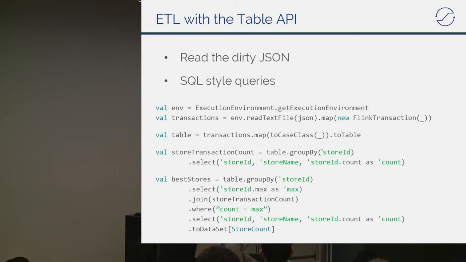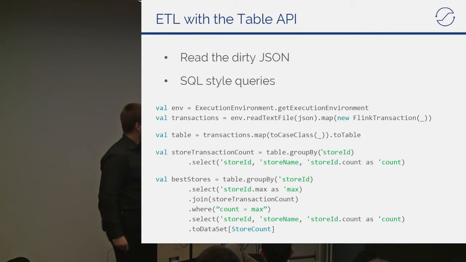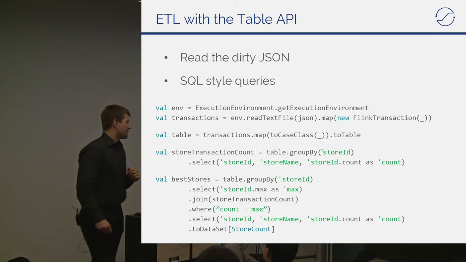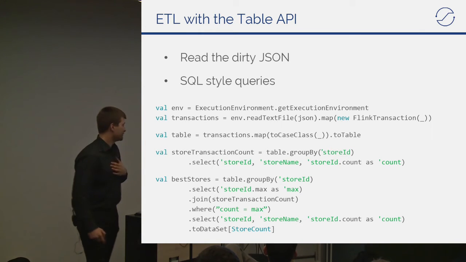And count all the store IDs in every group. So now we have count. At the same time, we can select the maximum of the counts in the same groups, join those two together. Wherever we see that the count is the maximum, we just select out the right fields, and we have arrived at actually knowing the most performant stores in our model.